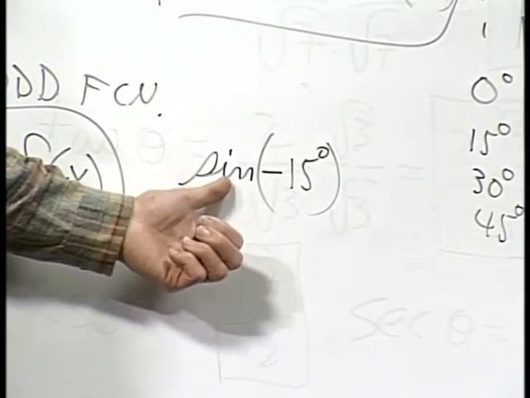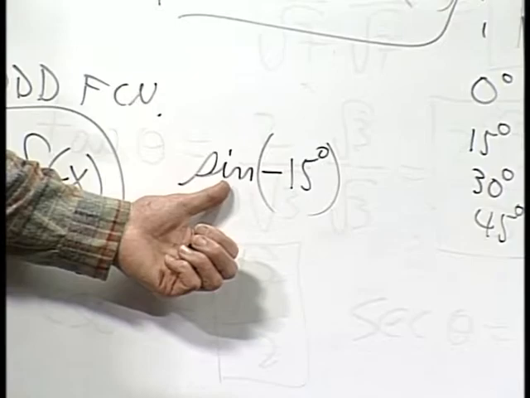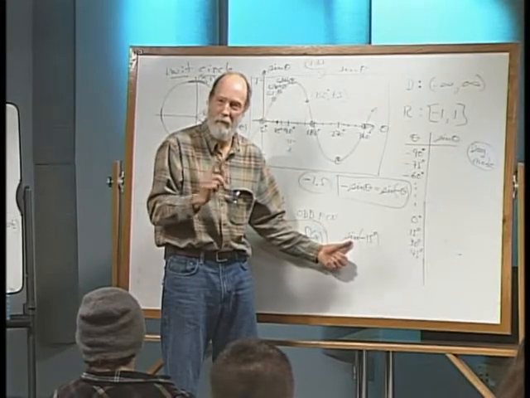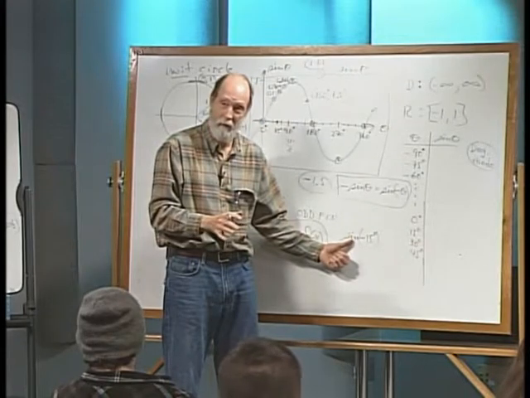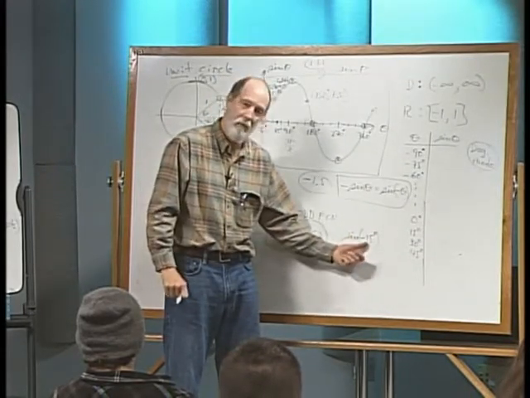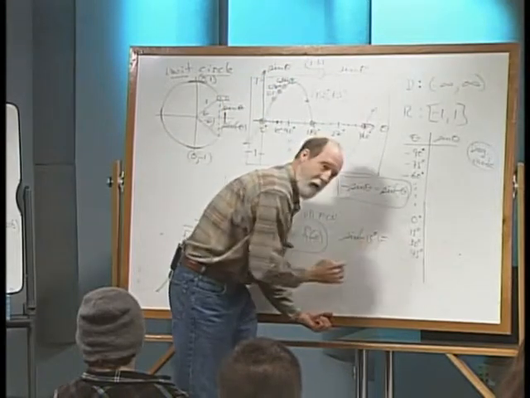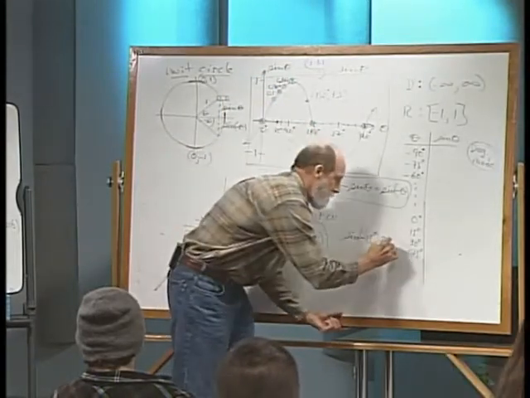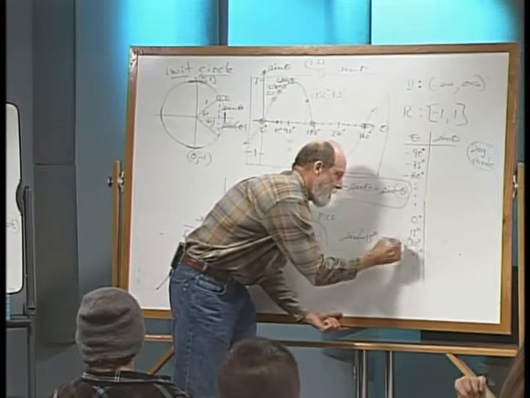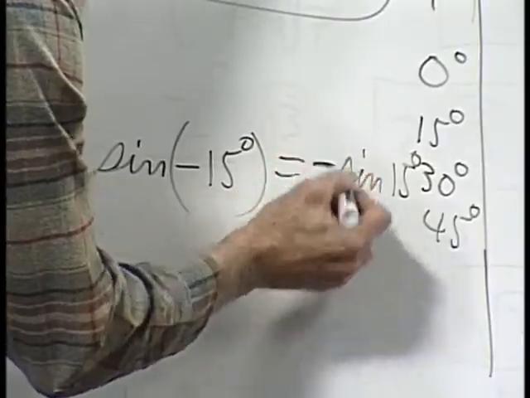And I knew that the sine function was an odd function. If I know the sine function's an odd function, then the sine of negative 15 degrees is going to relate to the sine of 15 degrees, but it has to be the opposite of that one.